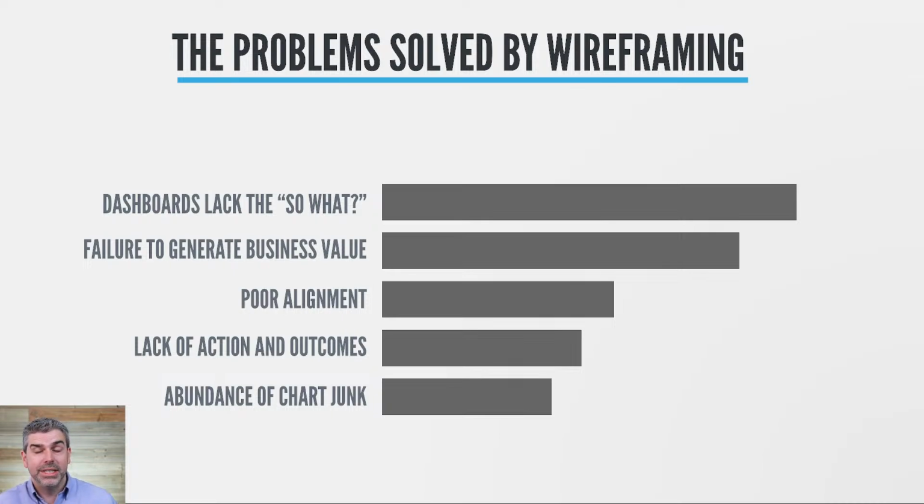Okay, well, we want these actions, but what does that look like, and how do we represent that? And how do we make sure that's going to happen? And another one that we get all the time is chart junk. So we end up with lots of things on our dashboard that aren't really driving any value or driving any action. So wireframing can solve these, and it's a very visual way to do it, as well as a way to collaborate with people.